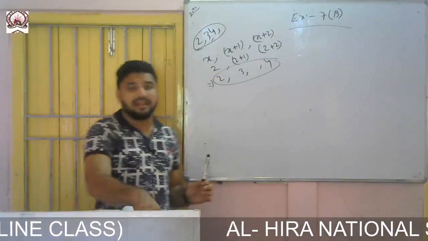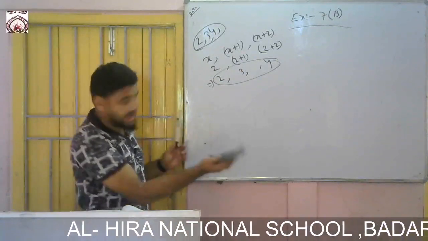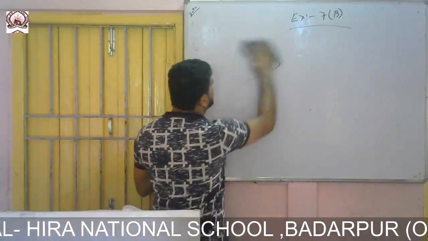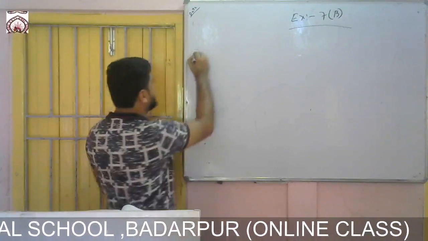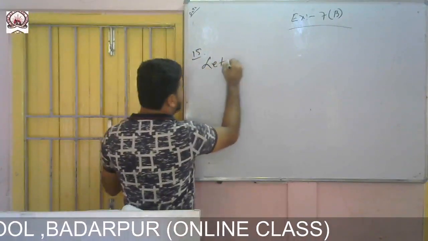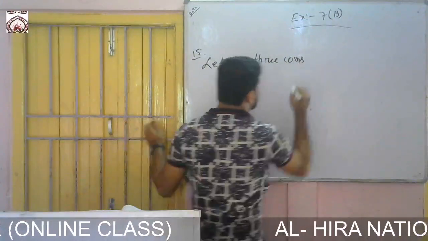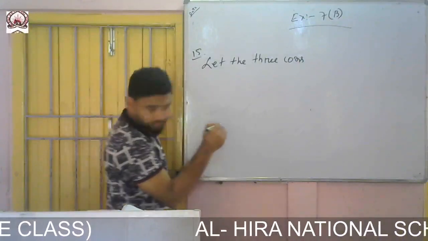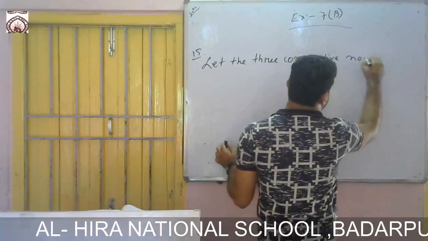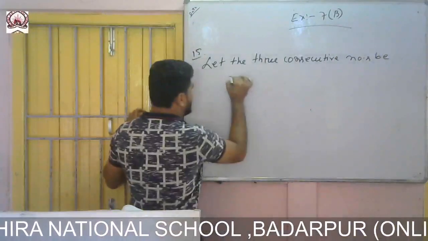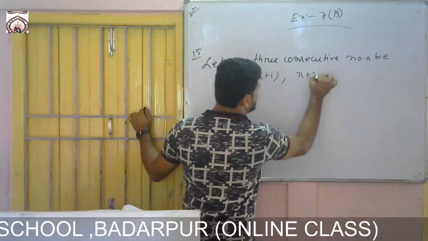So, let the three consecutive numbers be x, x plus 1, x plus 2.